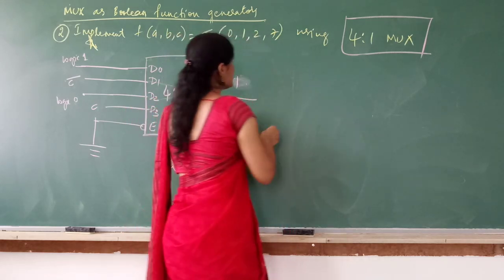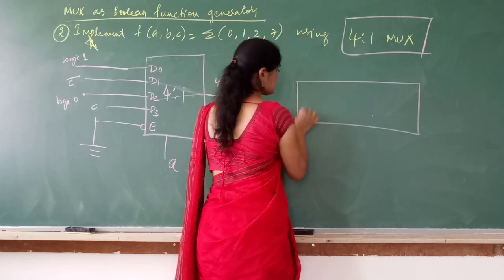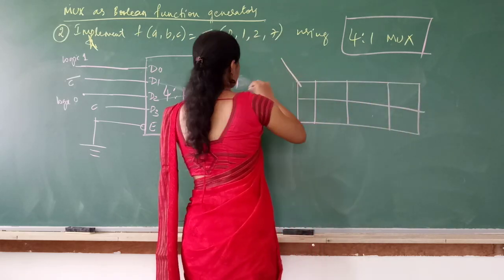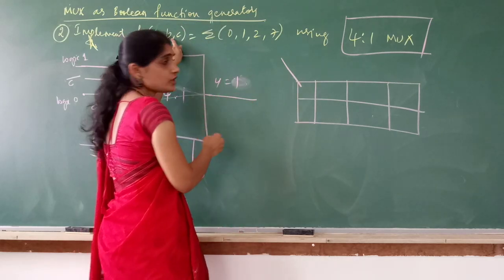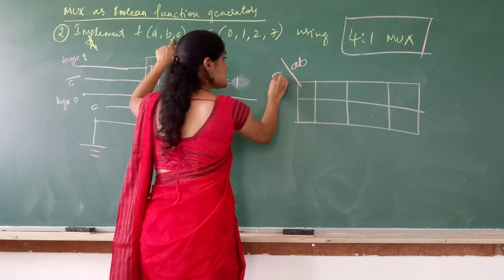Or you just write the K-map for this. A, B you are taking as input. So write A, B here, C here.